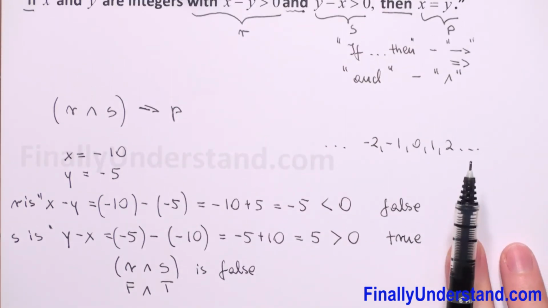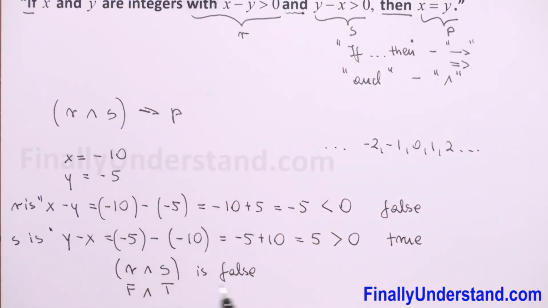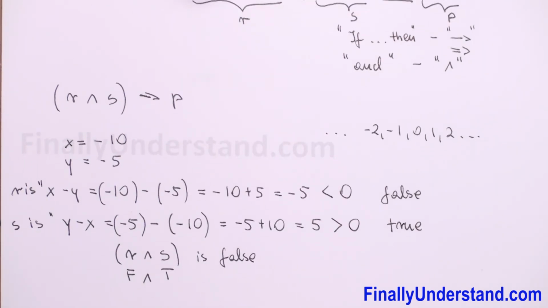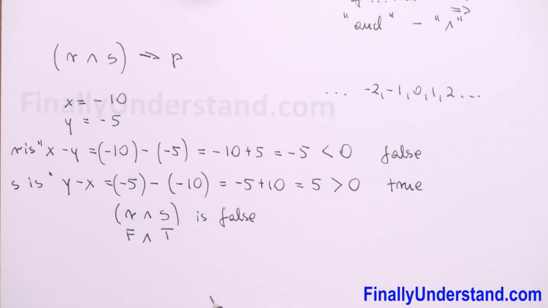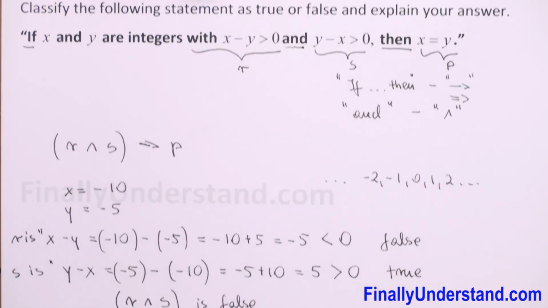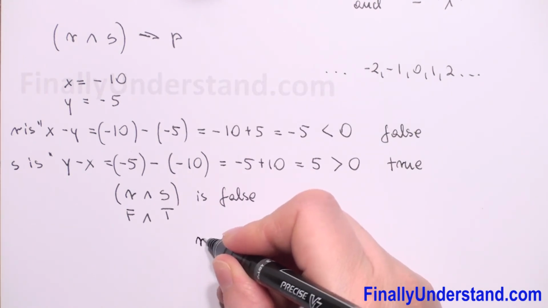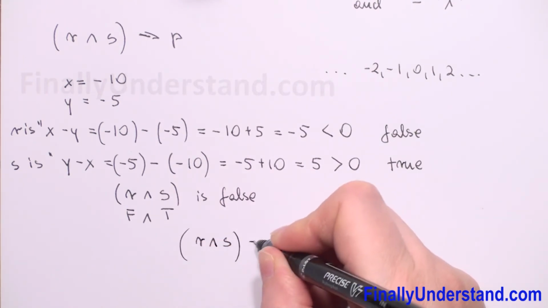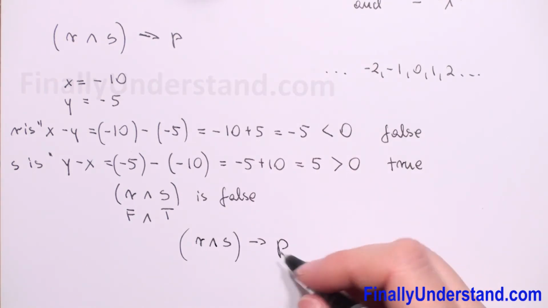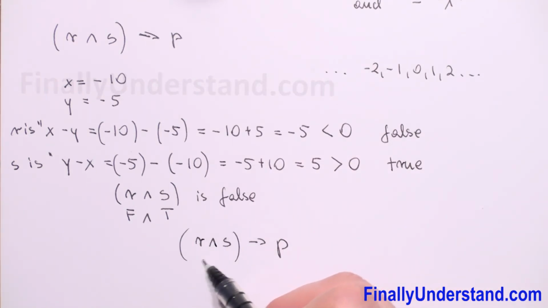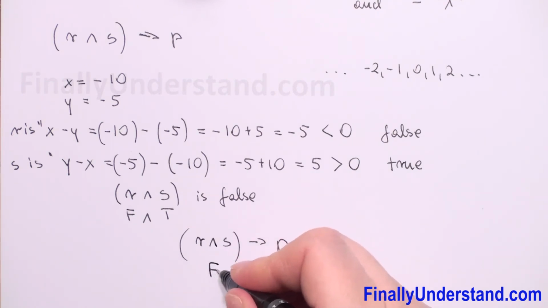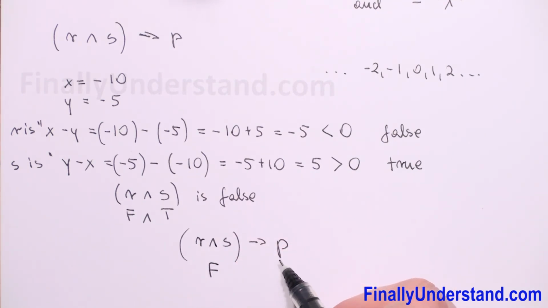So we got a false statement on the left side. When we have a false statement on the left side and we have an implication, let me rewrite this: r and s imply p. On the left side we have false. So now it doesn't matter what value our conclusion has, because our hypothesis is false.